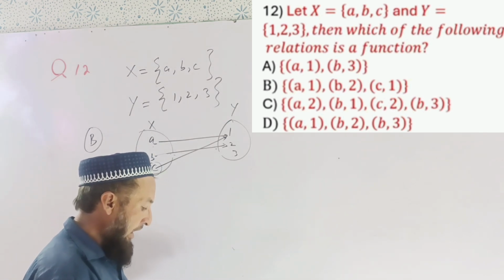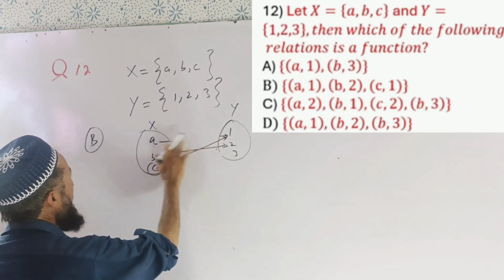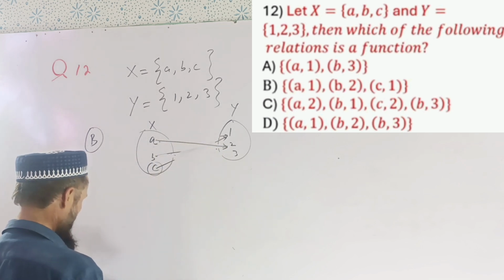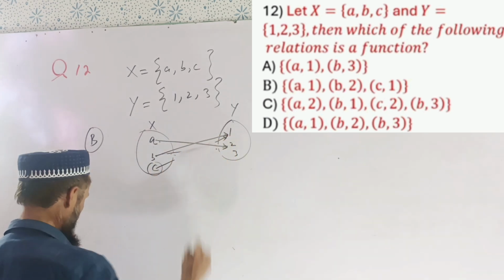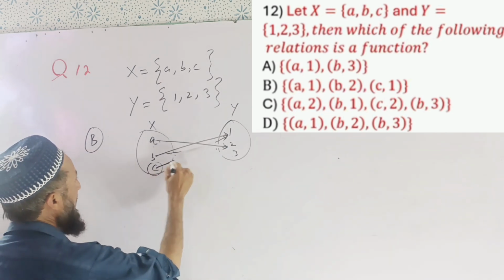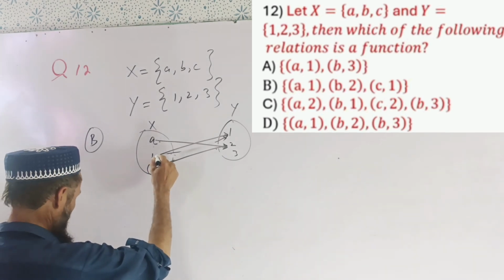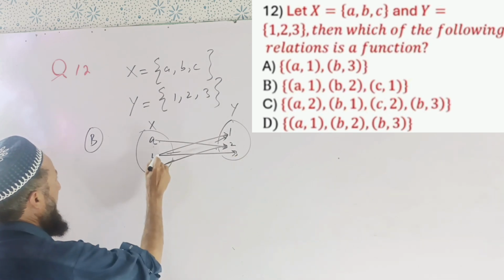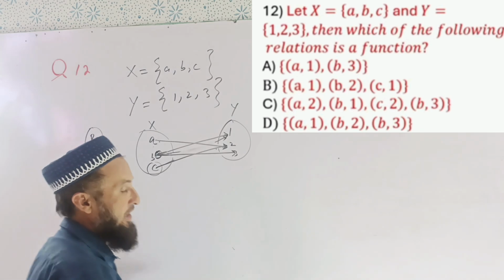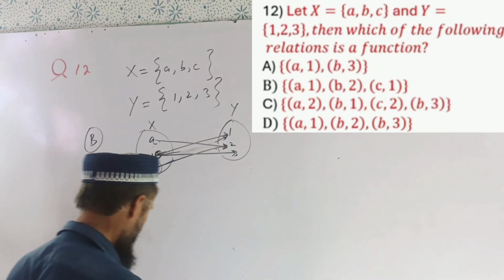In the third option, you check here, the image of A is with 2 and B is with 1 and C is with 2, and B is also with 3. Look here, a double image is given for B, so that is not a relation, not a function.